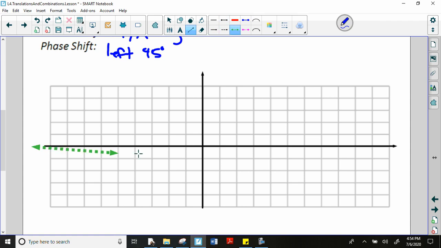My amp line is right along there because there's no vertical translation up or down, so our amp line hasn't changed. Then let's break this up. So I'm going to make, because the phase shift is 45, I want each of these boxes to represent 45. That way, I'm only moving a box. I'm not moving half a box or 2/3 or something like that.